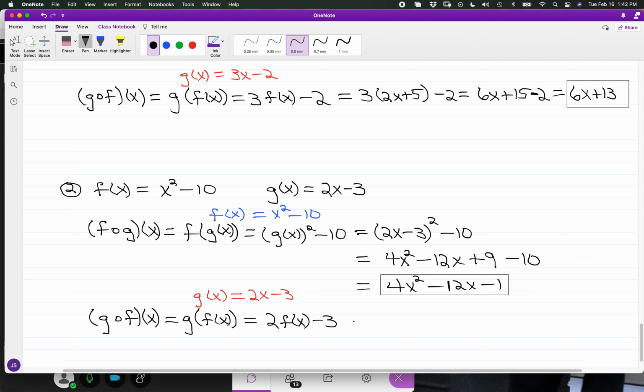And then for the variable expression that defines f of x, again we have x squared minus 10. Okay, so you have 2 times x squared minus 10, followed by the subtraction of 3.